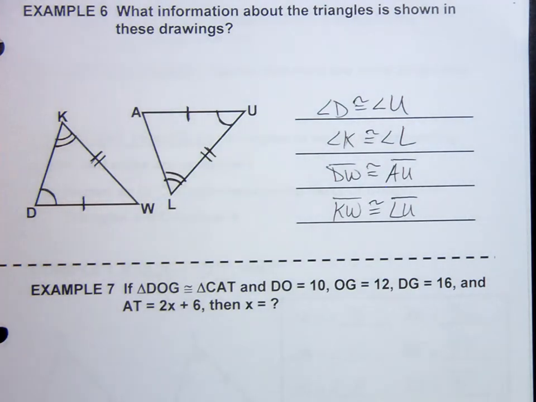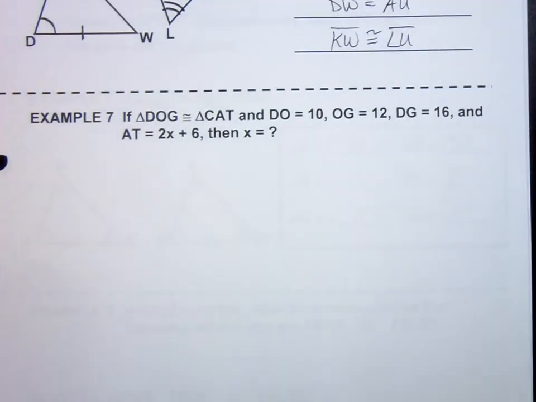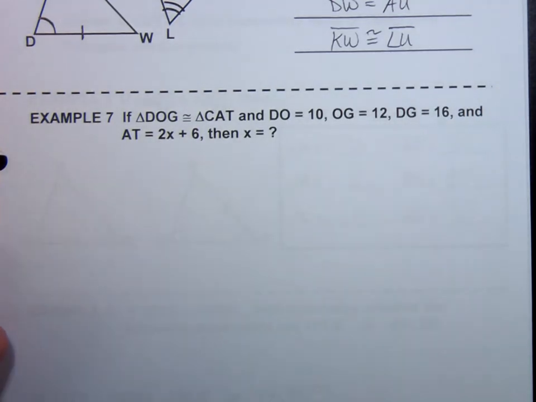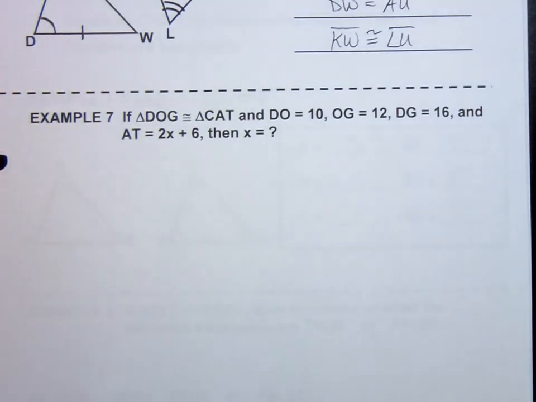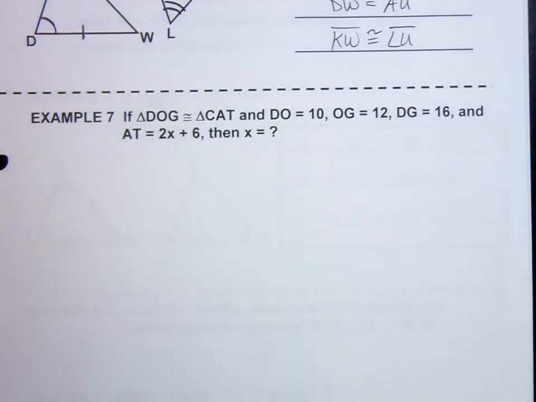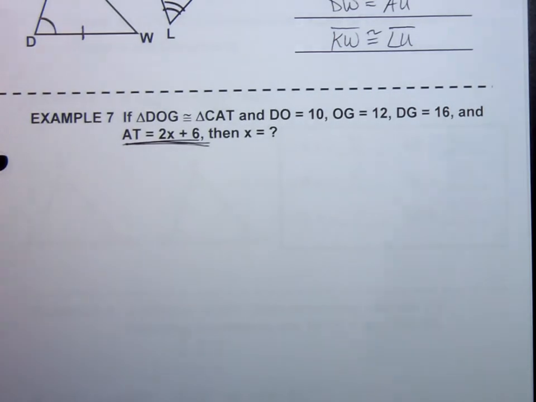Alright, last one, guys. Example 7. If triangle DOG is congruent to triangle CAT, and they give us the lengths of some sides, we want to solve for x. Now remember, if these triangles are congruent, all their corresponding parts are congruent. So if I'm solving for x, obviously I've got to use this when I'm setting up an equation. It's the only thing that has x in it.